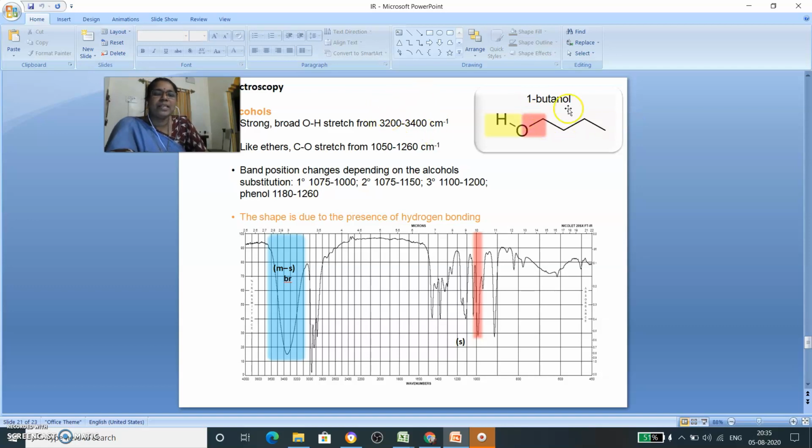This is another example, butanol. Butanol means OH. This is 3200 to 3400, and again this CO stretching is 1050 to 1260. Here the band position changes depending on the alcohol substitution: if it is primary, secondary, tertiary, or with phenols, this is the variation.